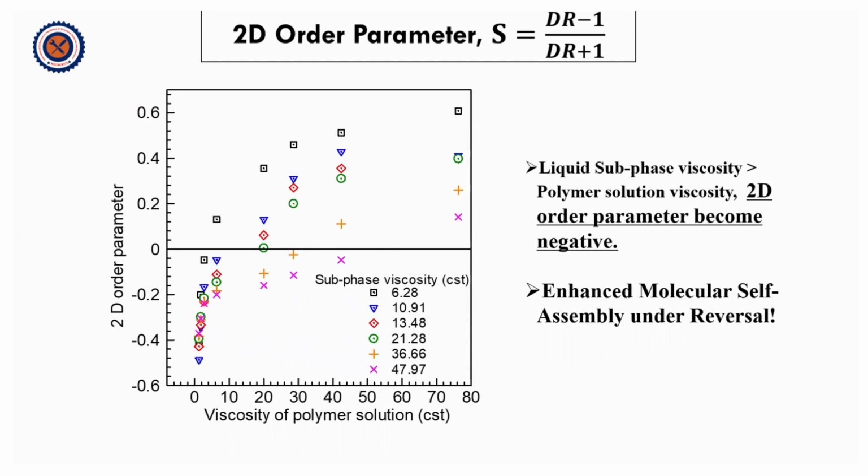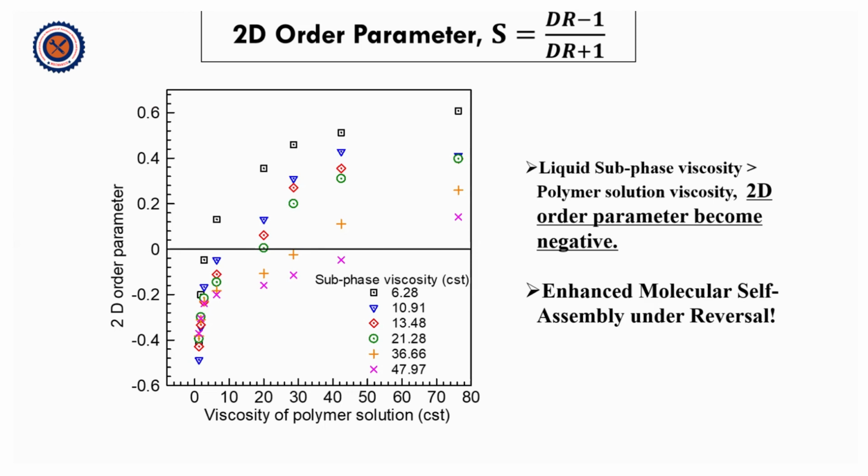If the value of the 2D order parameter is 0, it means that there is no particular orientation; it is isotropic. If the value is positive, it means that the orientation is in the same direction as the flow. And if the value is negative, it means that the orientation is in the perpendicular direction to the flow.